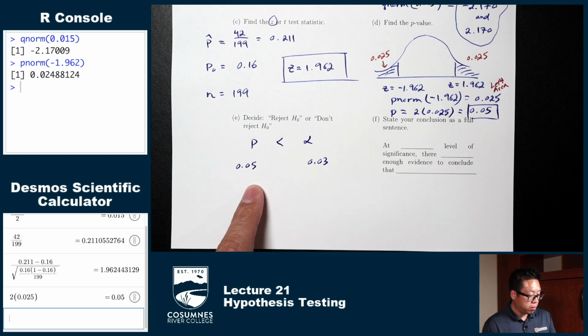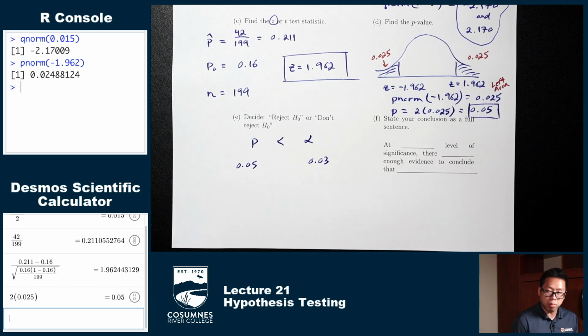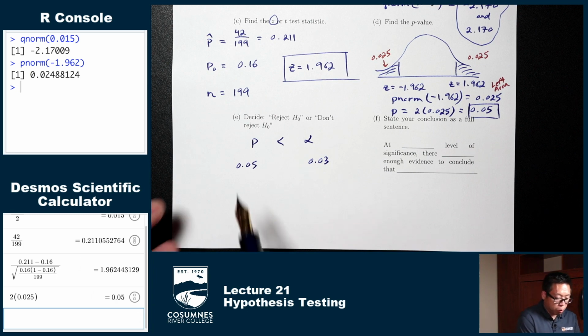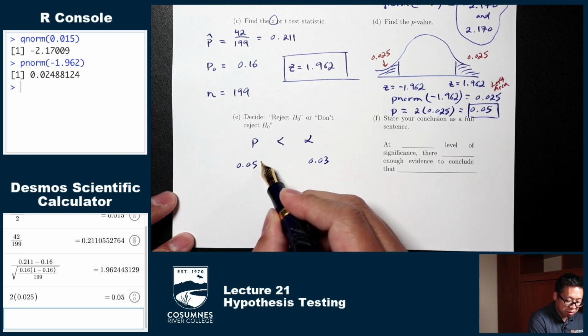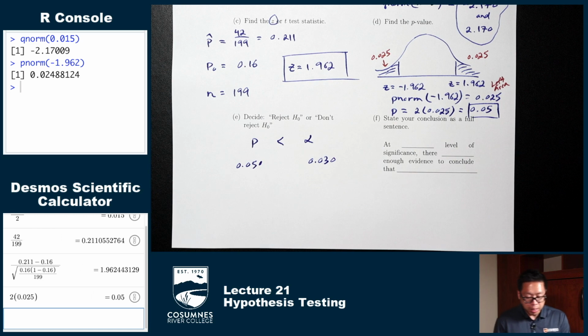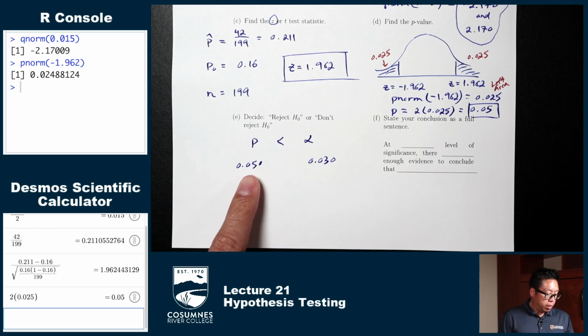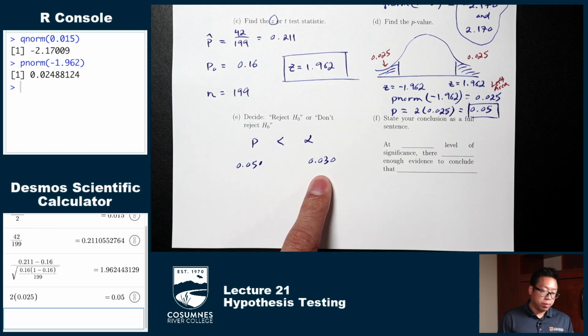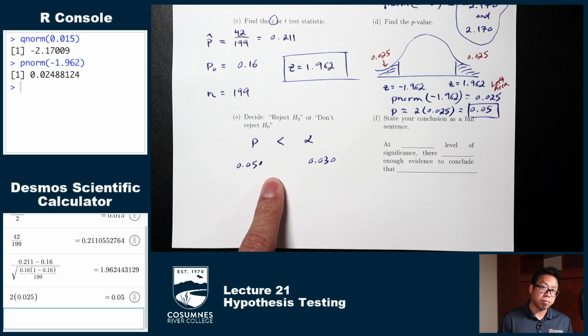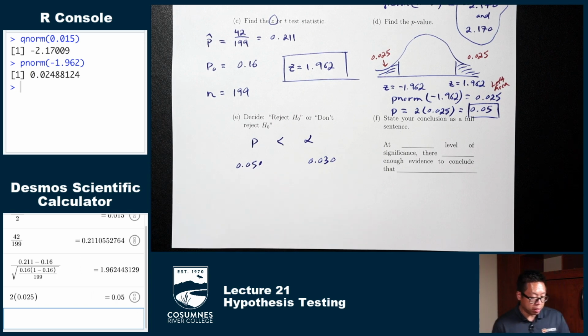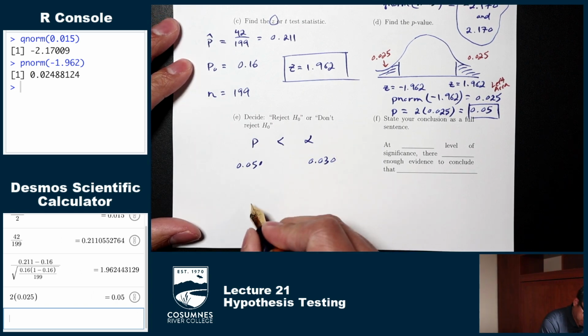You don't have to add one here because they both have 2 decimal places, but if one of them has 3 decimal places, you would add on a 0 so that they match. And then the question is, is the p-value less than alpha? So 0.50 versus 0.30. Is it less? No, it's not. So it's not less, which means this is a don't reject.